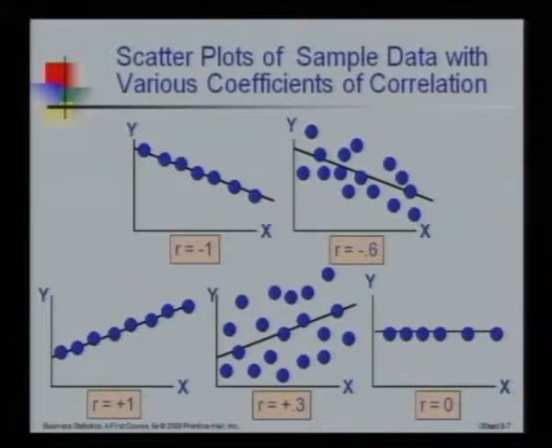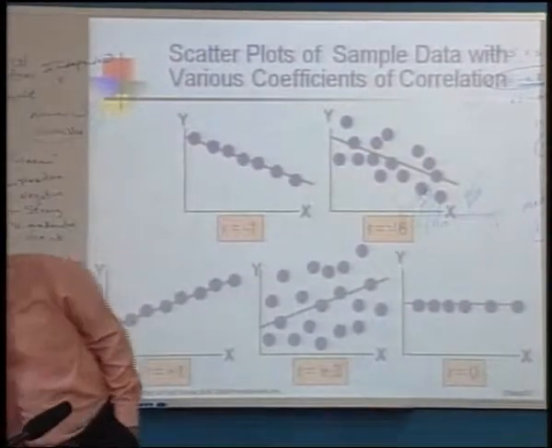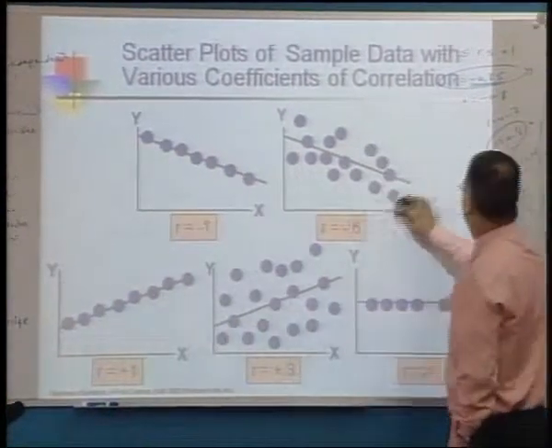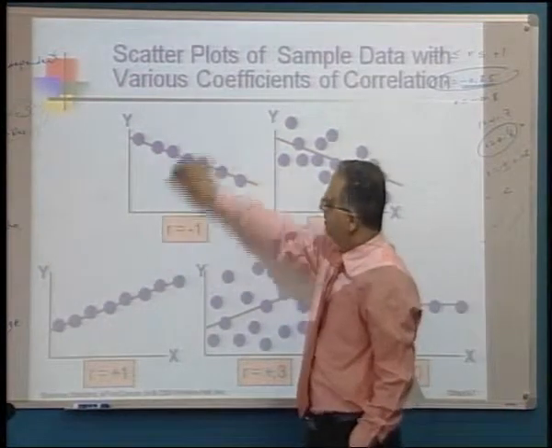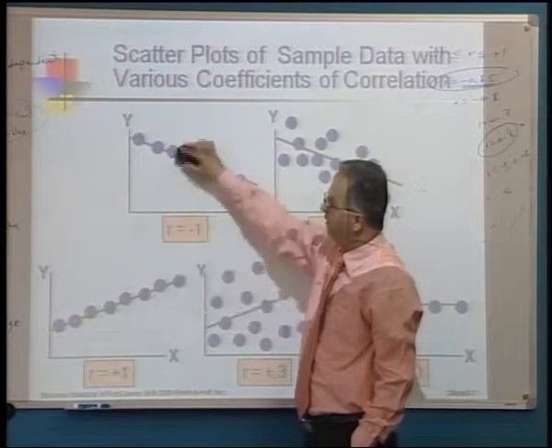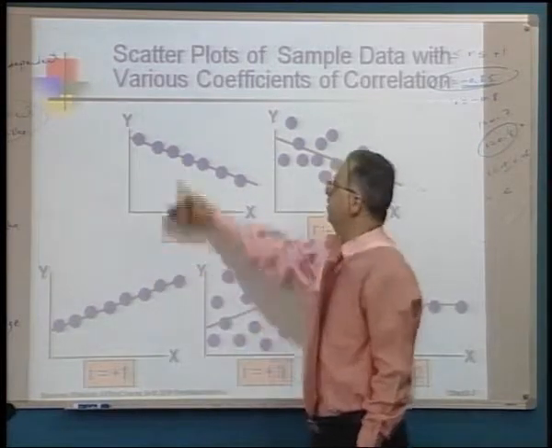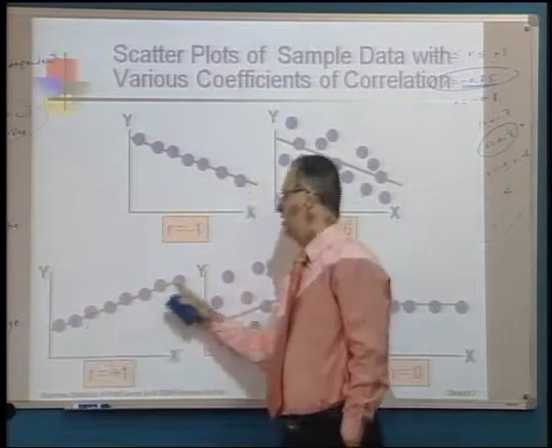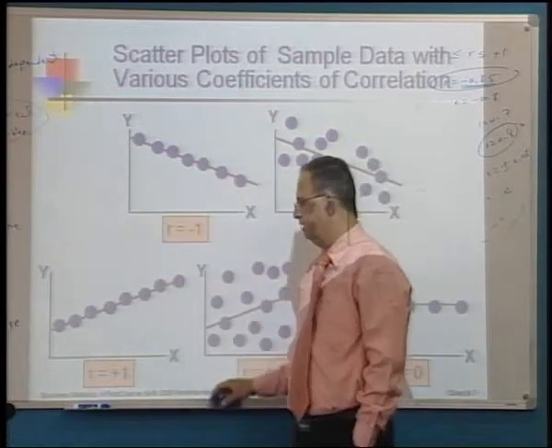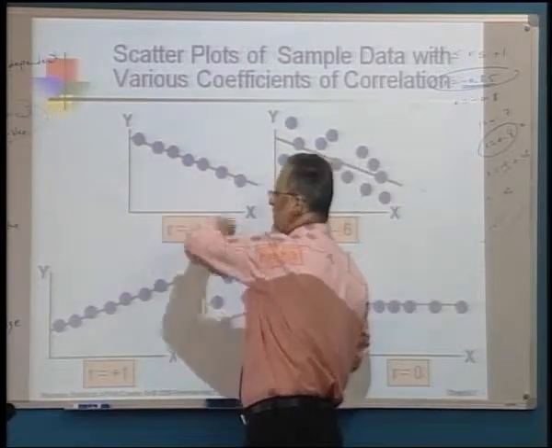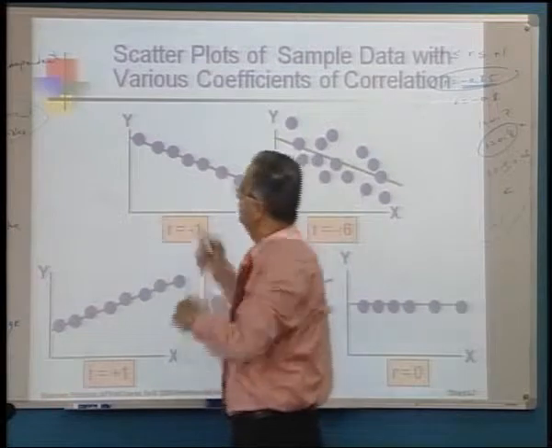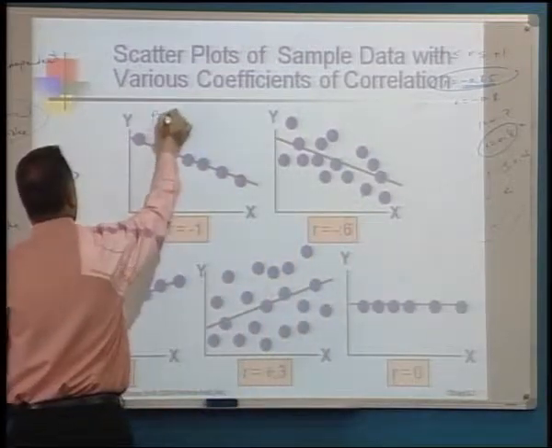Now, some types of scatter plots for different types of relationship between the two variables are presented in this slide. For example, if you look carefully at chart 1 here, and the other one, in each one all points are on the straight line, it means there exists a perfect relationship. So if all points fall exactly on the straight line, there exists a perfect relationship.